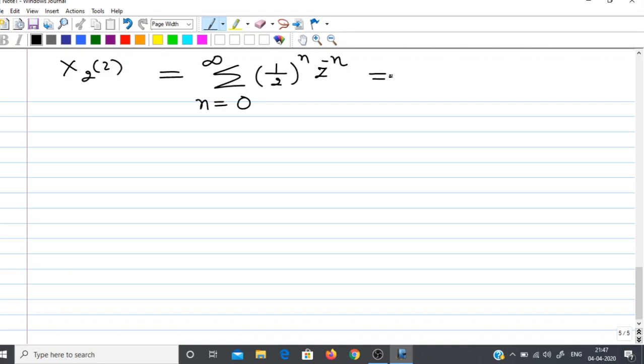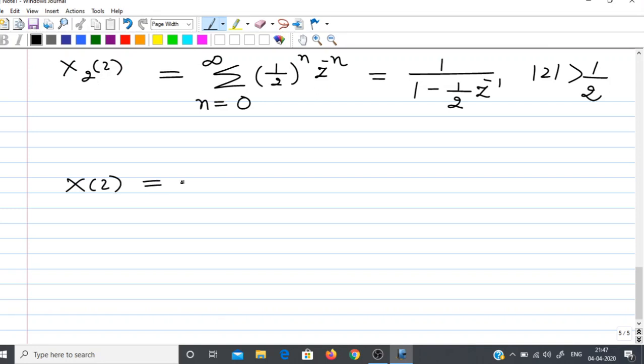I will not solve it again, as we have already done it. Its z transform is 1 upon 1 minus half z inverse, with mod z greater than half. So this time, x(z) is the summation of two series, one series is x1 and another series is x2.